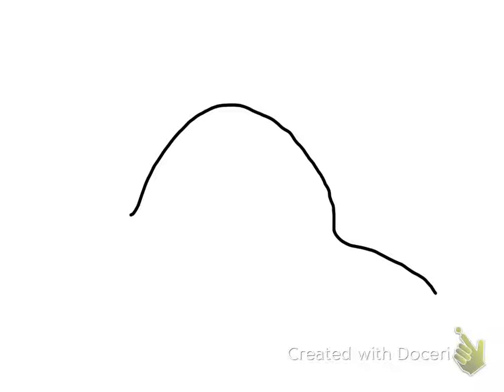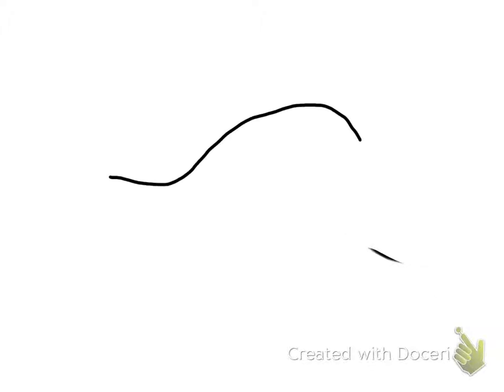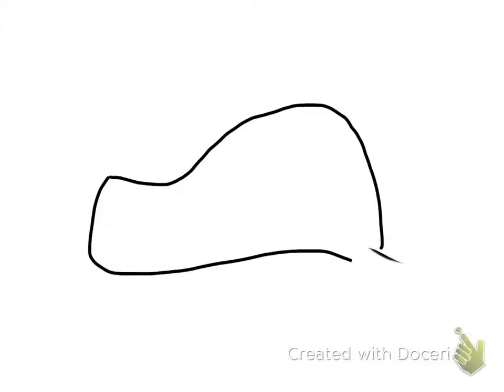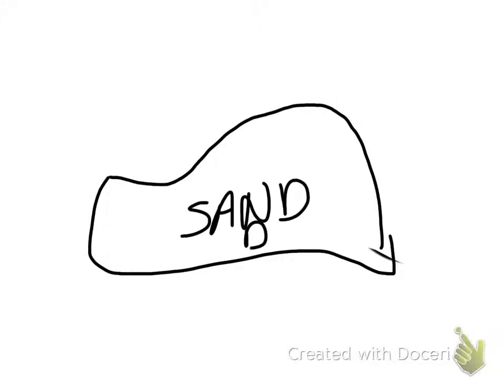We talked a little bit about sand dunes. On your test there is going to be a picture, let me see if I can draw it, of a funny looking little sand dune. This is my sand dune. And sand dunes, remember, are an example of deposition.